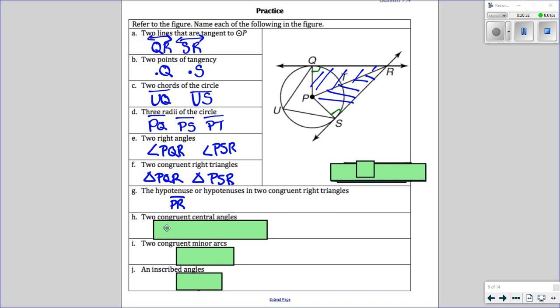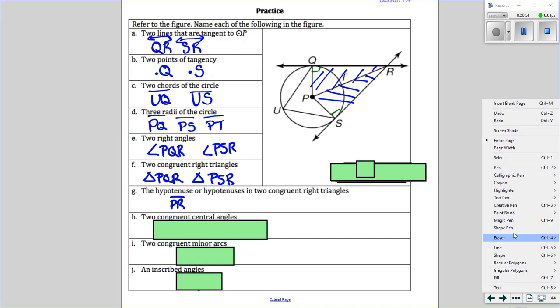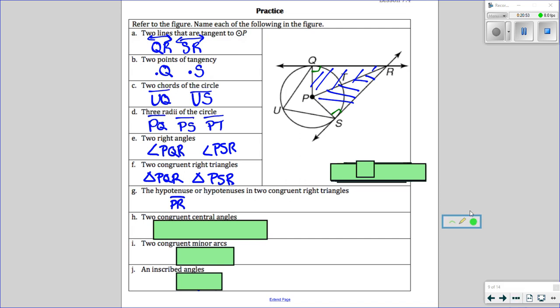Name two congruent central angles. Okay, we're going to the central angles. All right, so let's look. So what do we know about central angles? Central angles start at the center of the circle, and then also it's formed by two radii. So I'm going to use the highlighter to distinguish.